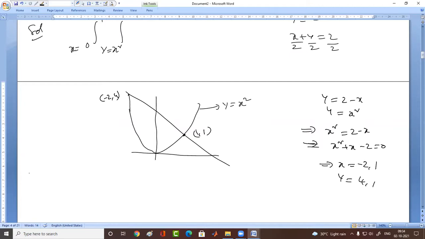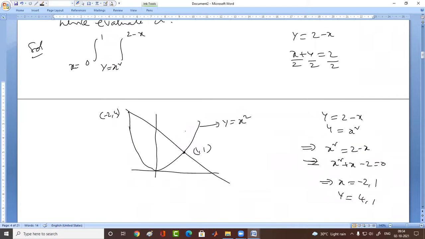So in this problem, observe, the lower curve is the parabola and the upper is the straight line. So this one. And the x limits are 0 to 1. In the previous problem, this was the required region.